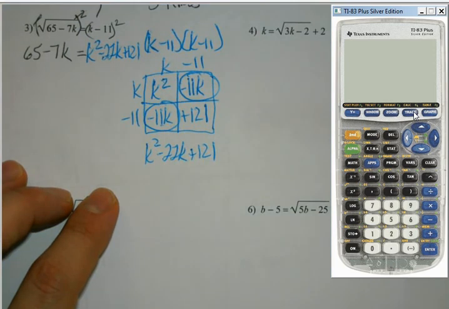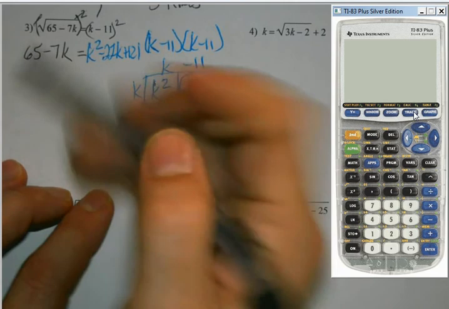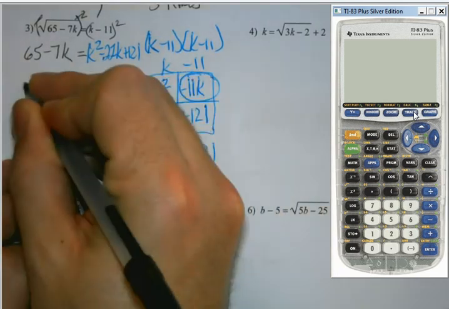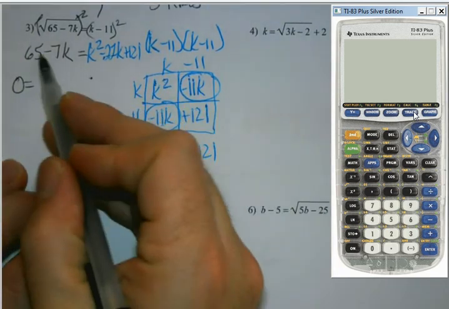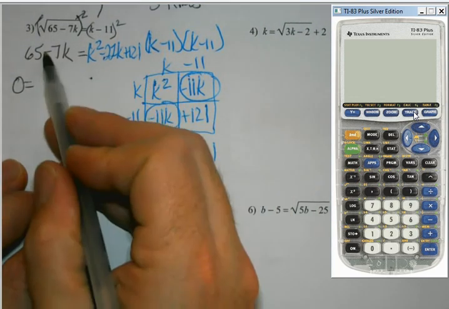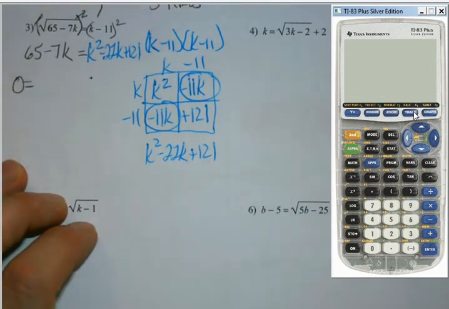And you're like, oh, I see what's coming. K squared's where the party's at, just like it always is. So everybody wants to be on the k squared side. So I'm going to have to subtract the 65 over, and I'm going to add the 7k.